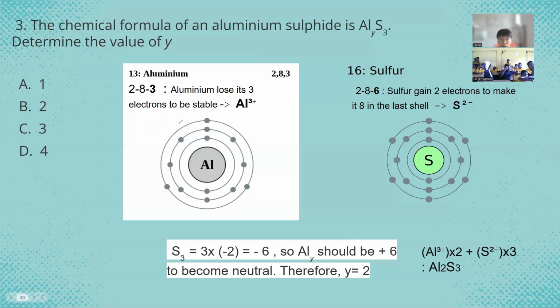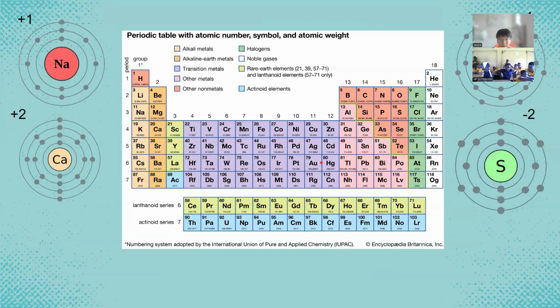And let's look at aluminum on the other hand. So where is aluminum? Let's take a look. Aluminum is over here. It has atomic number of 13, which is also the number of electrons, right? So the number of electrons in aluminum is 13. Let's go back.